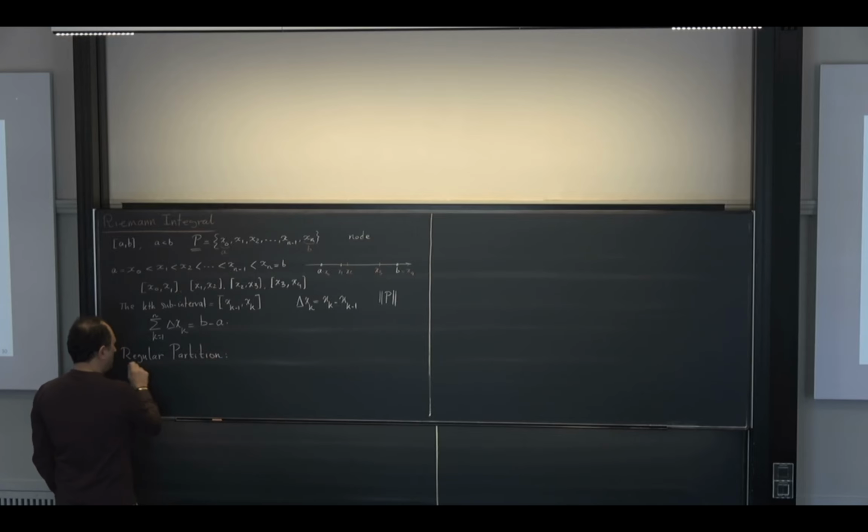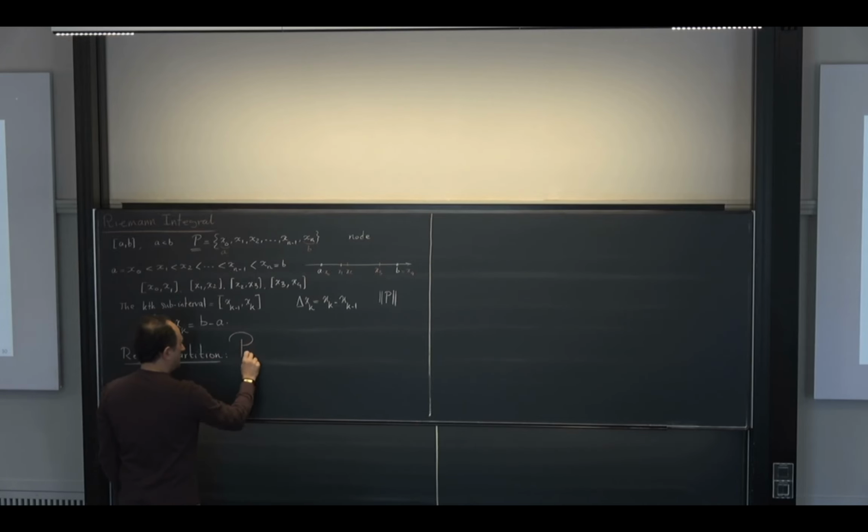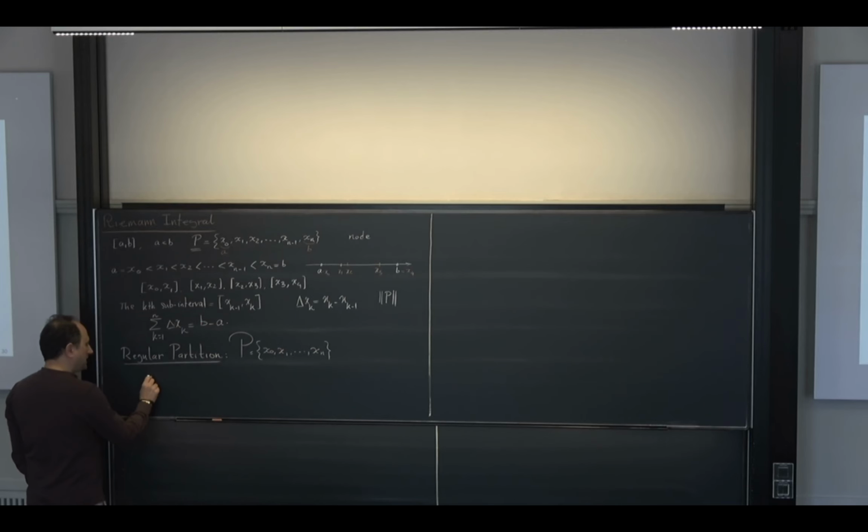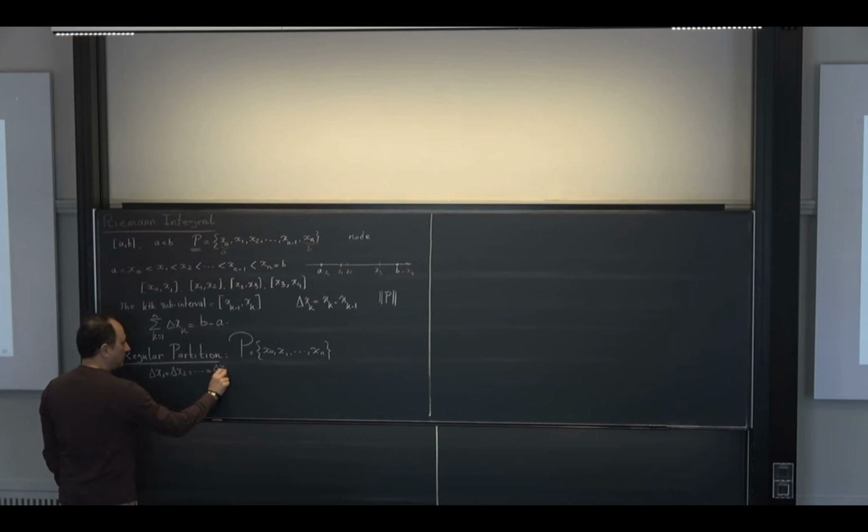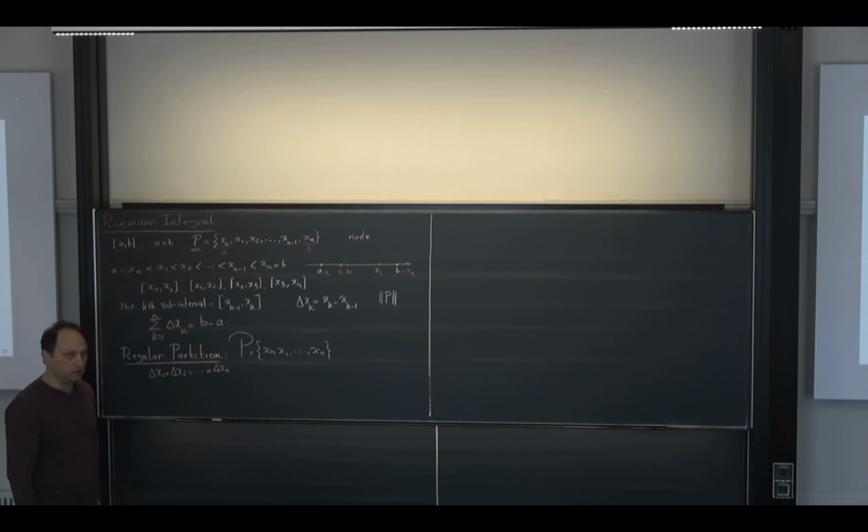So let us say that this is my partition, x0, x1, up to xn. It means that delta x1 is equal to delta x2 is equal to delta xn. This is the meaning of a regular partition.